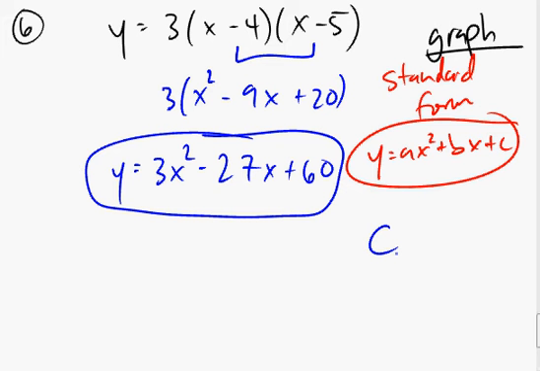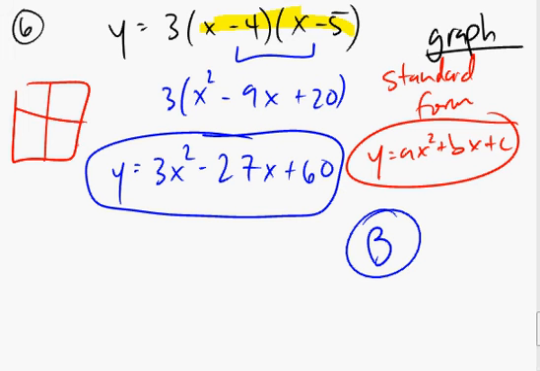Any questions? What? B. Oh. Any questions about this? This multiplying part here, you could use FOIL or you could use the generic rectangle, and you get this. Okay, number 7.